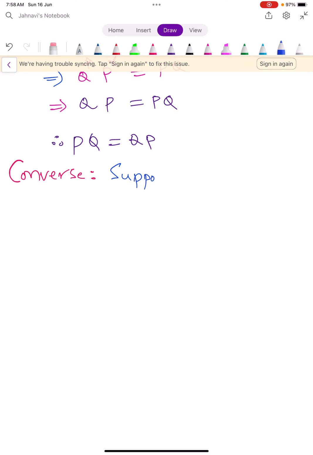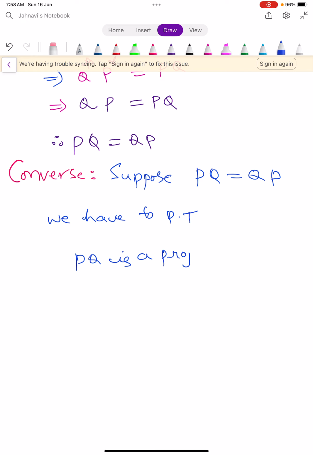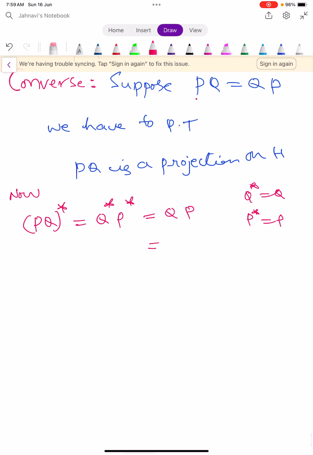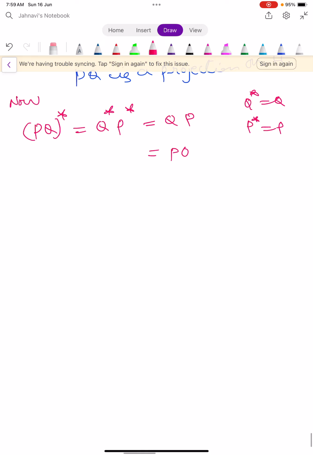Suppose PQ is equal to QP. We have to prove that PQ is a projection on capital H. Now (PQ) star is equal to Q star into P star, which is equal to Q into P, because Q star is equal to Q, P star is equal to P, and we assume that QP is equal to PQ.